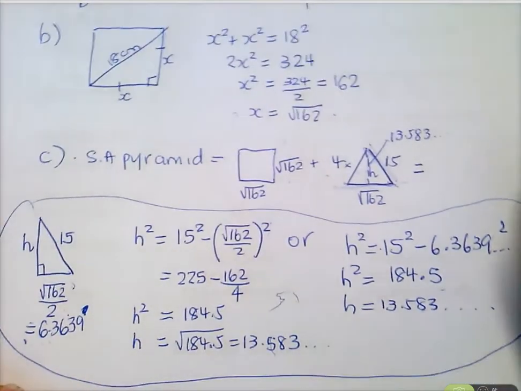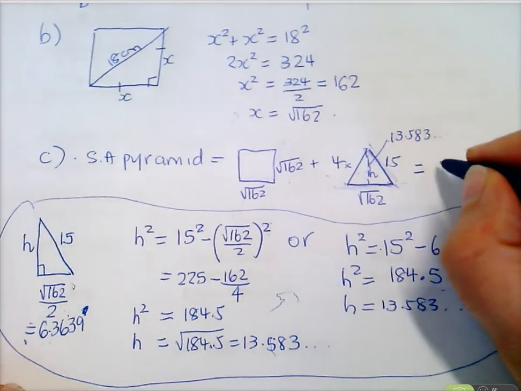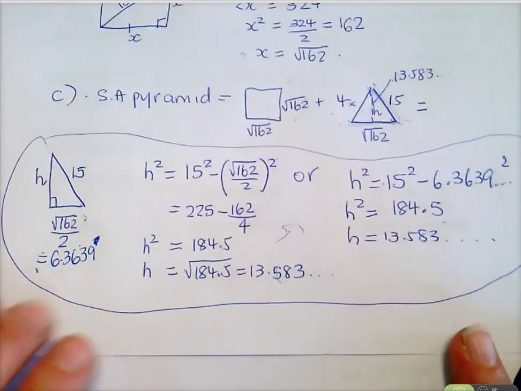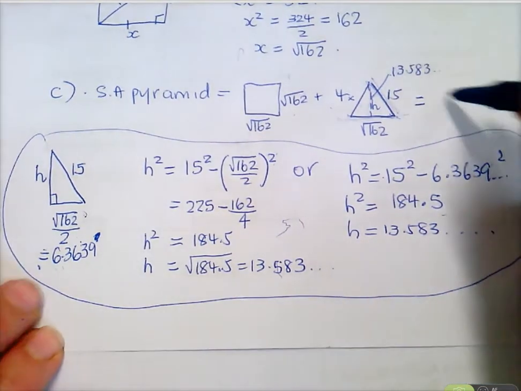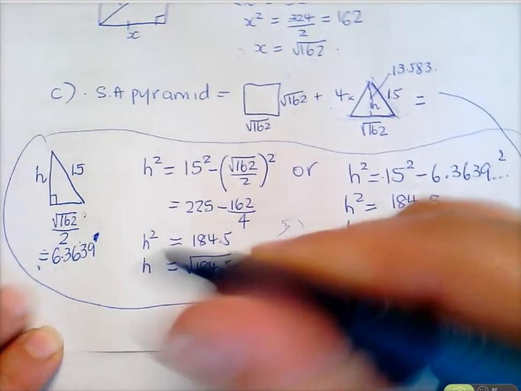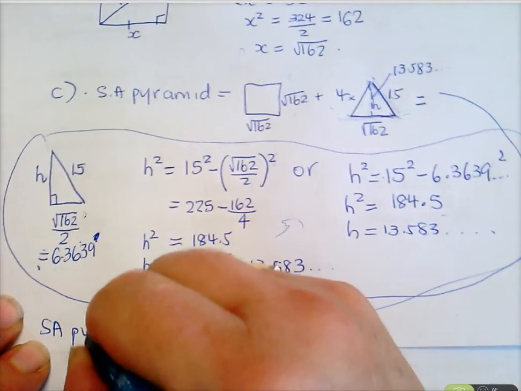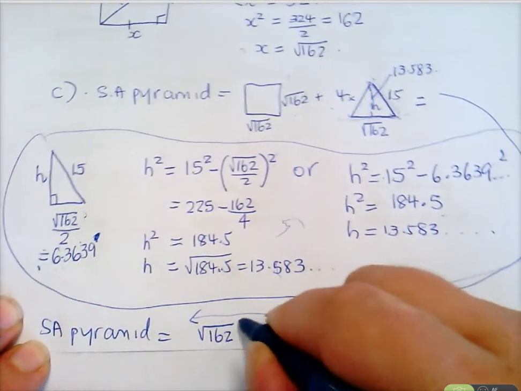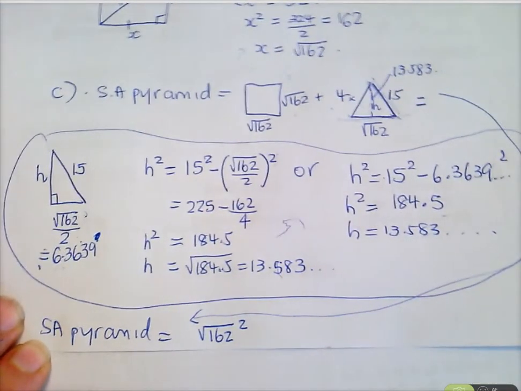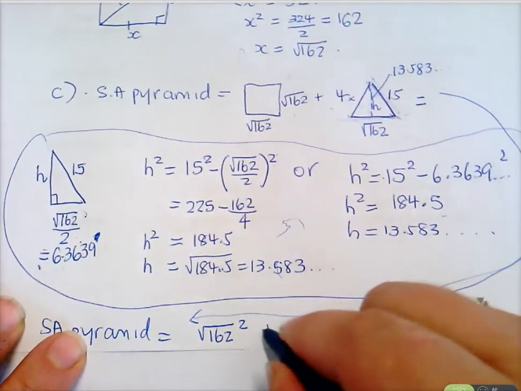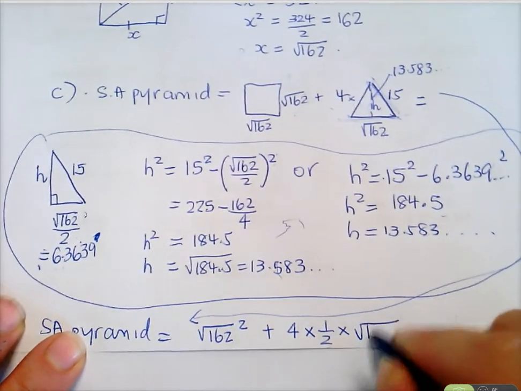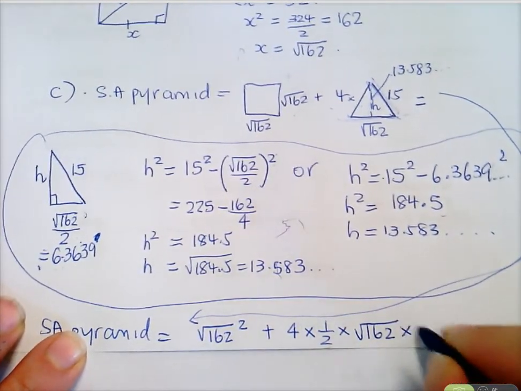Are you ready? What do we do? Where am I going to go now? I'll go down here. Yeah. So therefore the surface area of the pyramid is square root of 162 squared, plus 4 times half of square root of 162 times square root of 184.5.